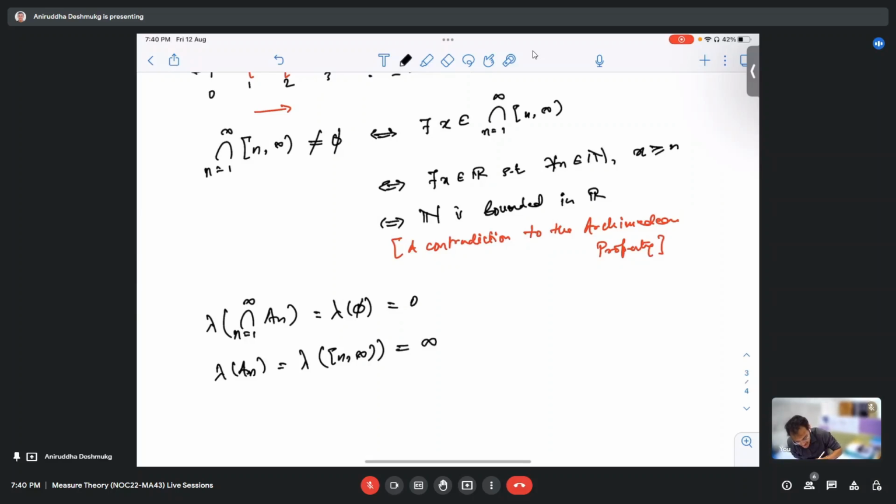This length is infinite. So what about the limit of these lengths? Infinite, because it is a constant sequence. This is plus infinity, but this is not equal to 0.